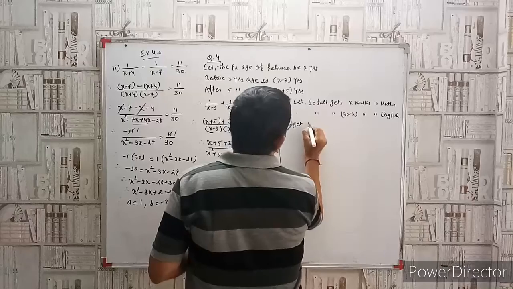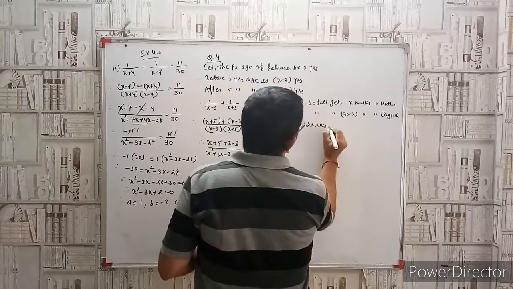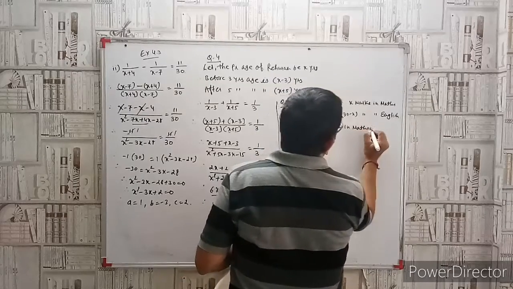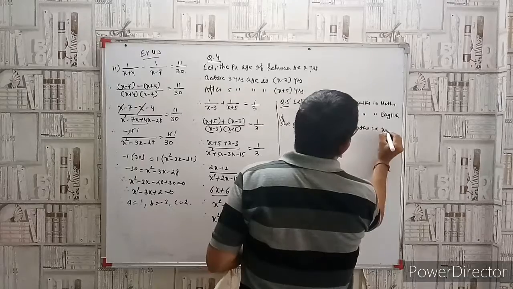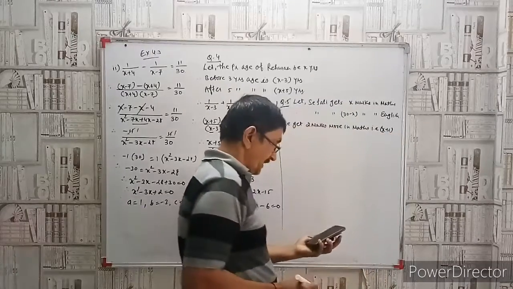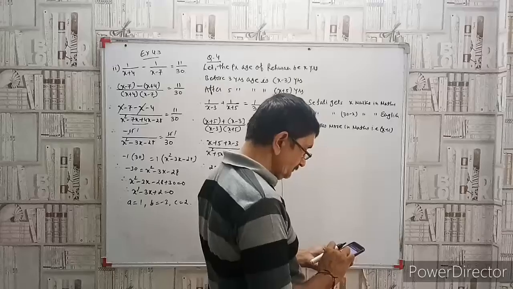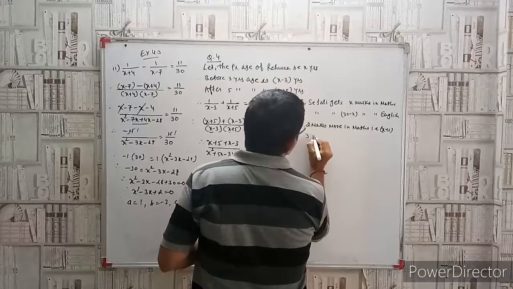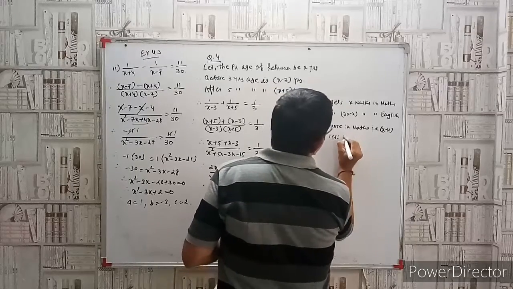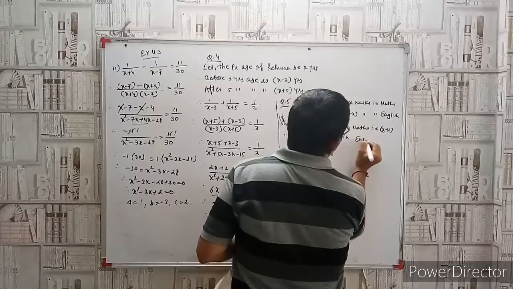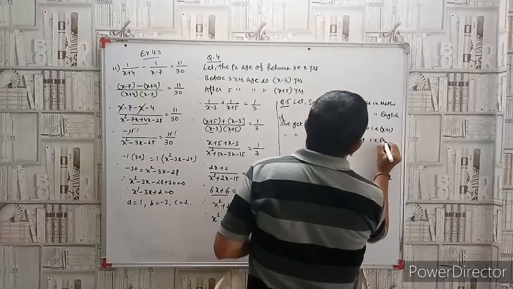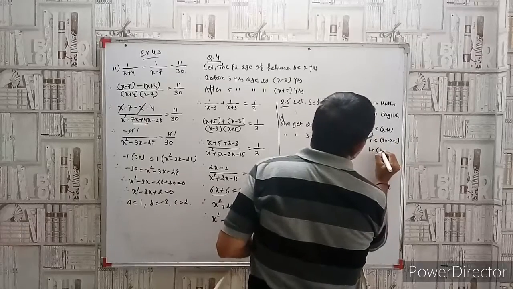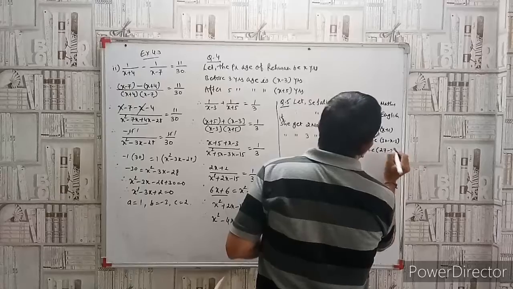If she gets 2 marks more in maths, that is x plus 2 marks, and 3 marks less in English, that is 30 minus x minus 3, so it is 27 minus x marks.